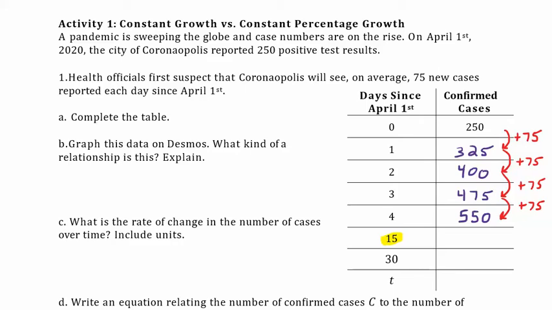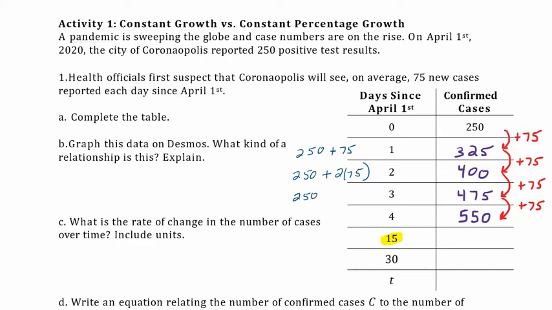Let's write this in a different color. Day 1, we got this number 325 by taking 250 cases plus 75. And day 2, we had 250 cases plus, we added 2 75s, because it was 2 days since the beginning, since April 1st.